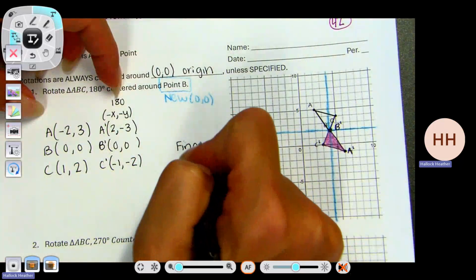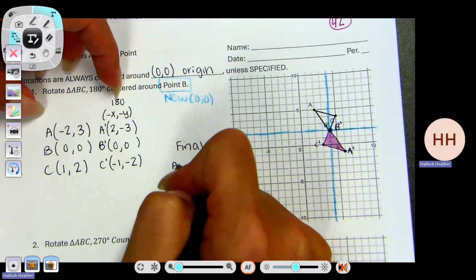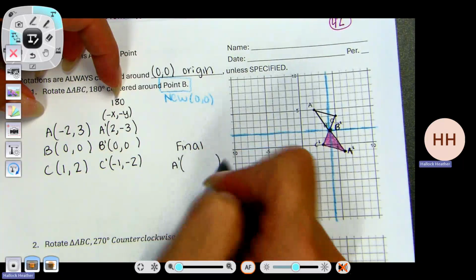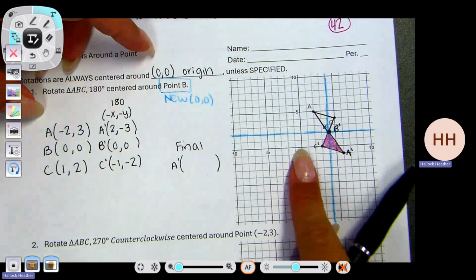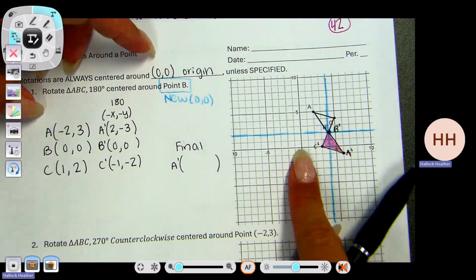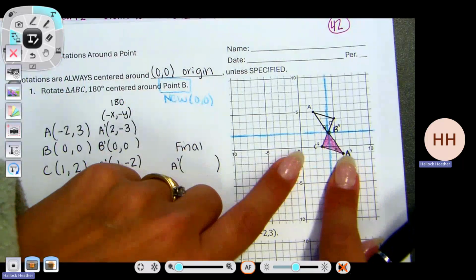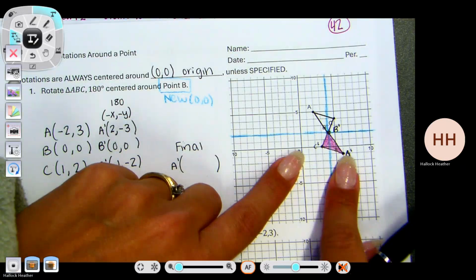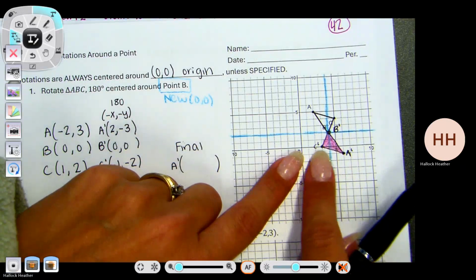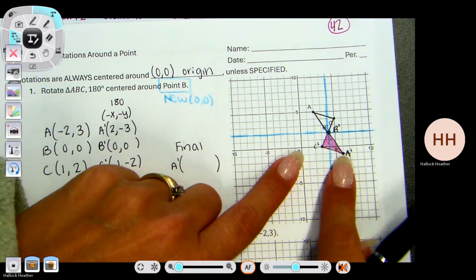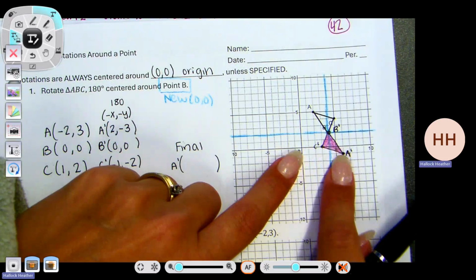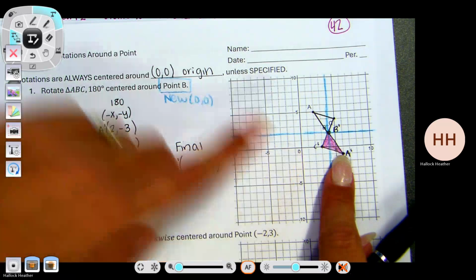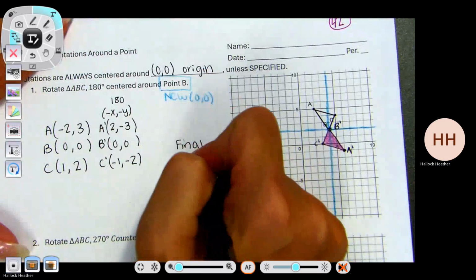So final answers. So A prime, if I've moved back to 0, 0, I'm using the real quadrants now. Where is A prime compared to 0, 0? You have to go to the right and you have to go down. 6, -1.